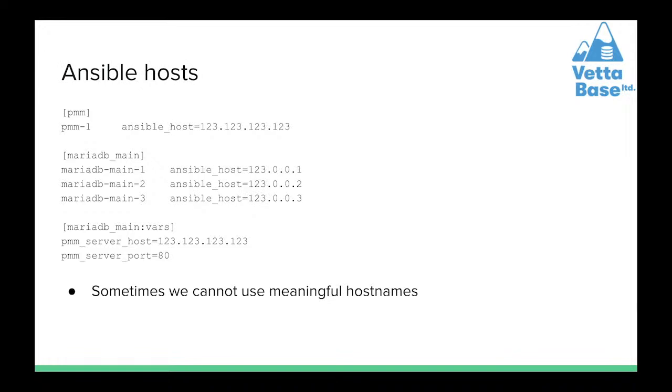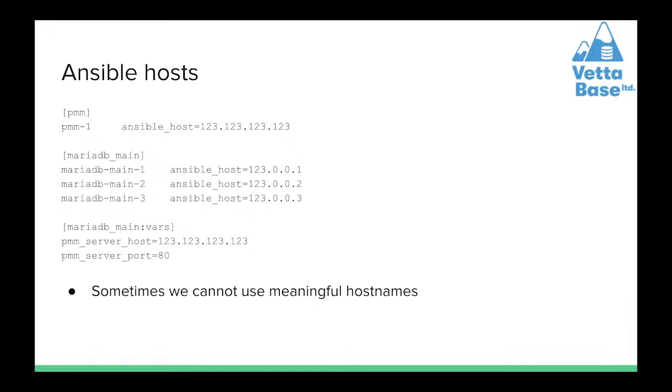This is more or less the same example as before, but we are not using host names this time. Okay, so for example, PMM1 is not a host name, it is an alias. And is it an alias for what? Well, we have Ansible host, and the value of Ansible host is the actual IP that should be associated to that alias.